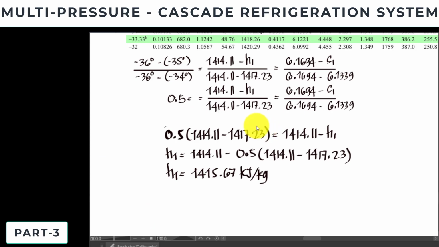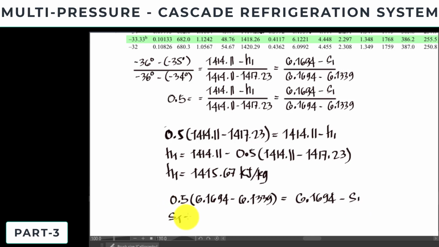So let's go back here. We have again 0.5, and this is equal to this value. Let's transpose this one. So this will be 0.5 multiplied by the entropy 6.1694 minus 6.1339, and this is equal to 6.1694 minus your entropy 1.